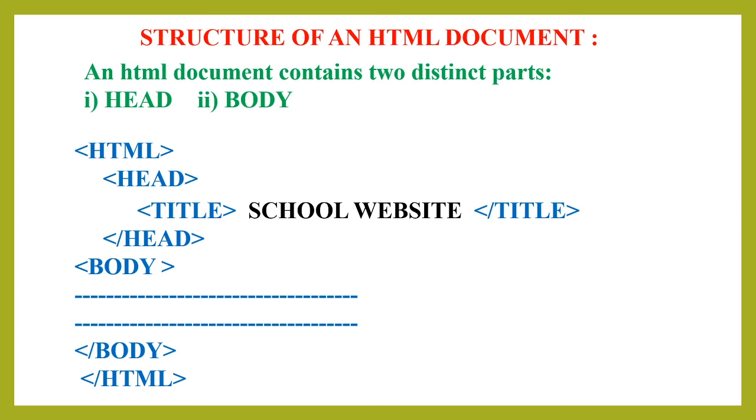It is also a container tag. All the tags which display text, images or links as part of the web page are written between the opening and closing body tag. And finally, you can see the HTML tag with the forward slash, which means I have closed the HTML document. It shows the end of an HTML document.